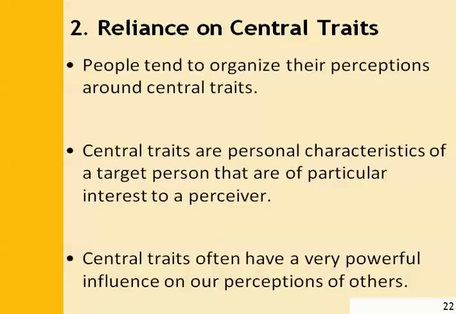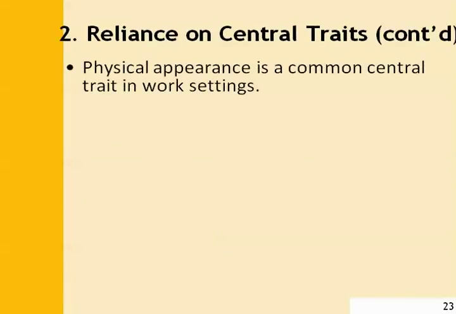So these central traits can change from one situation to another even if you are the same perceiver. It is the same idea we explained before in the components of the perception process, when we talked about how the situation affects perception.